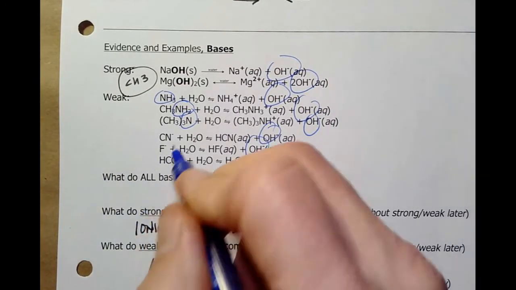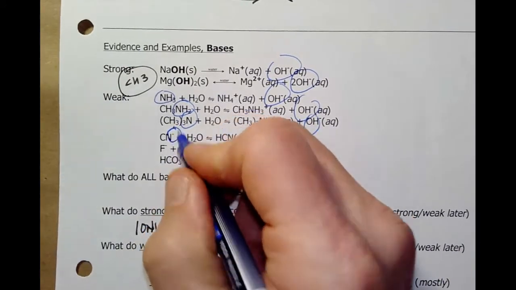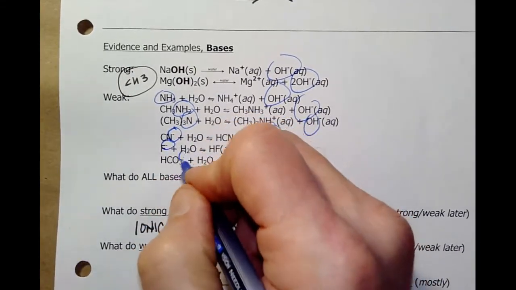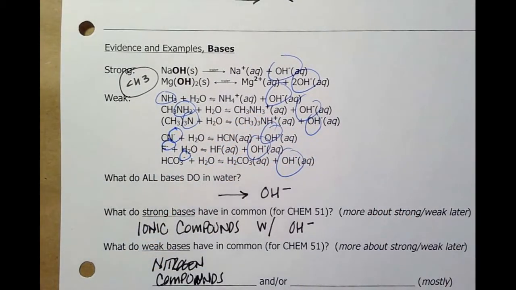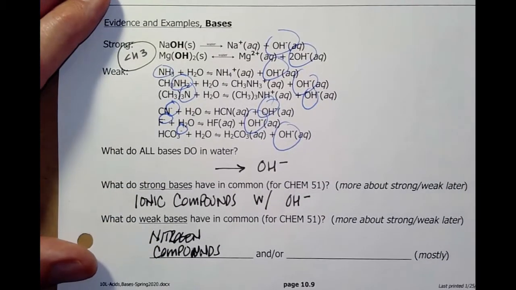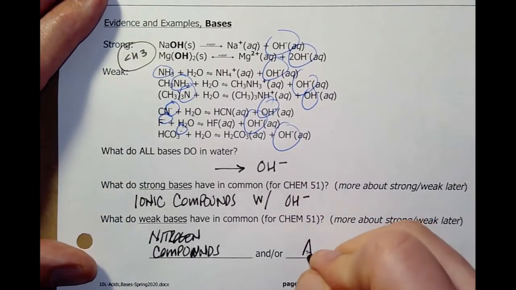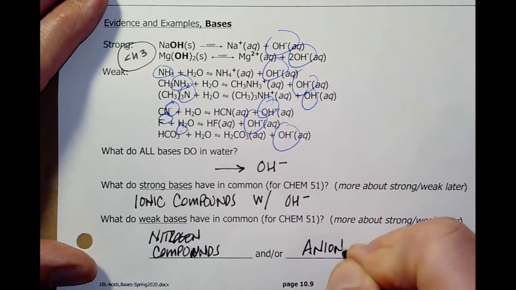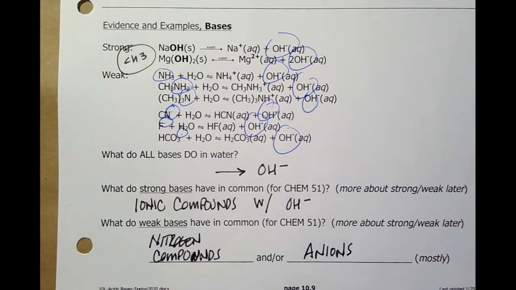The other thing down here, there's no nitrogen, but those are basic: CN minus, F minus, HClO3 minus. So the other thing we mostly see are anions. So the strong bases, simply the OH comes off in water, there's hydroxide. The weak bases have to somehow do some trick here. Let's look at the next page and we'll summarize this.